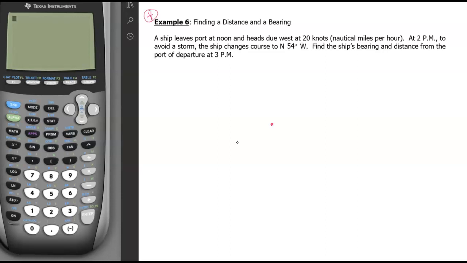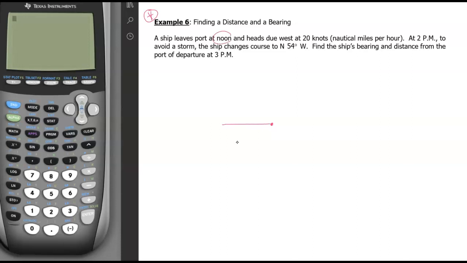Now, this ship is traveling at a speed of 20 knots. That's 20 nautical miles per hour. So in order to know the true distance traveled here, you have to think about how many hours they're traveling at this speed.